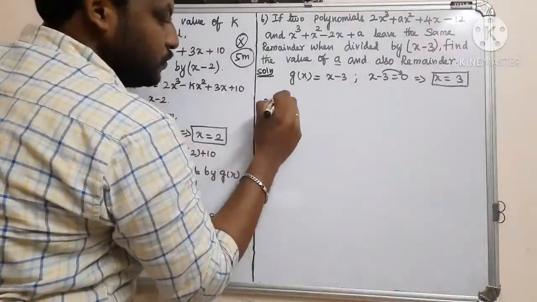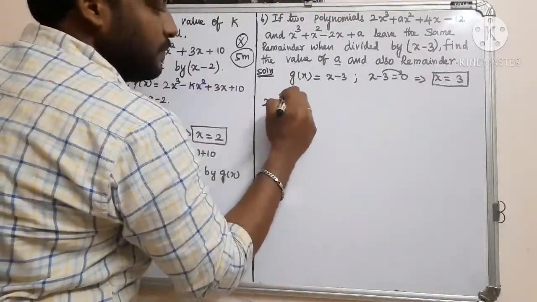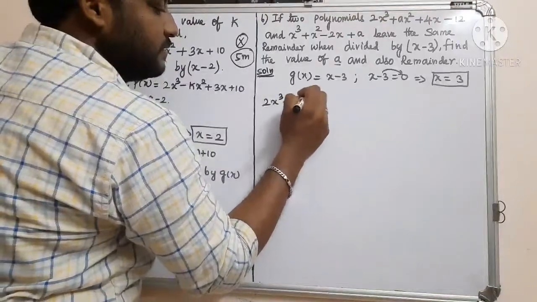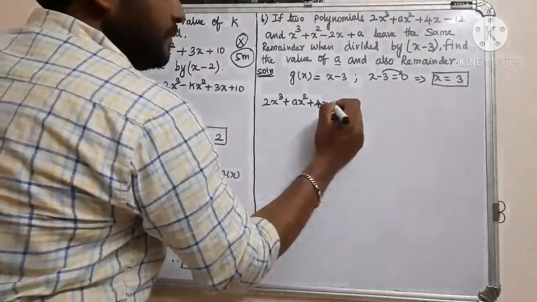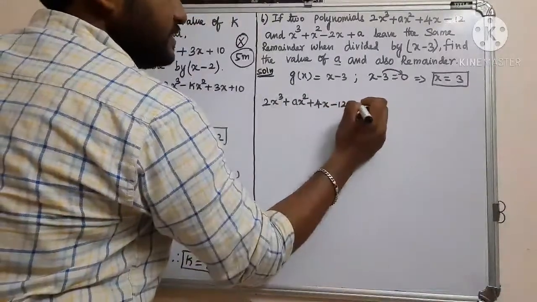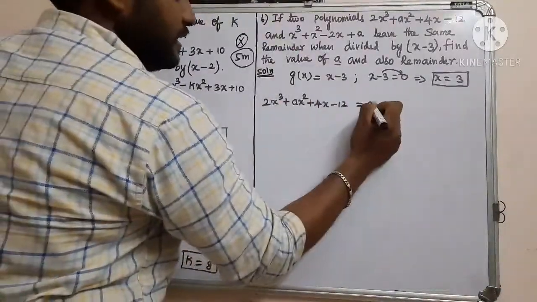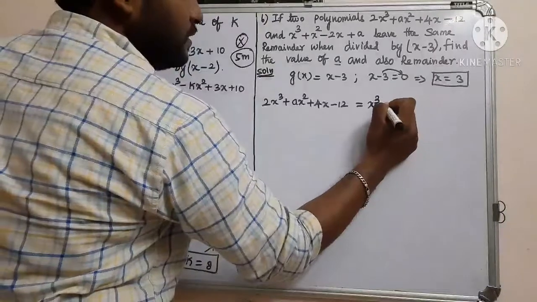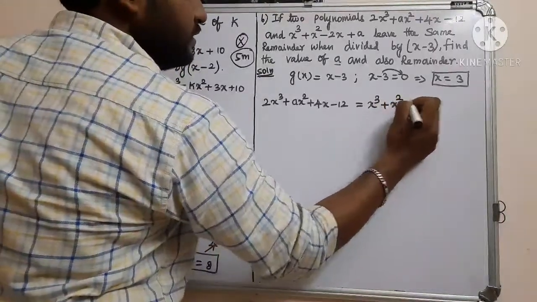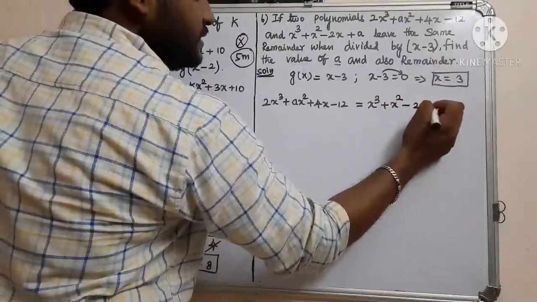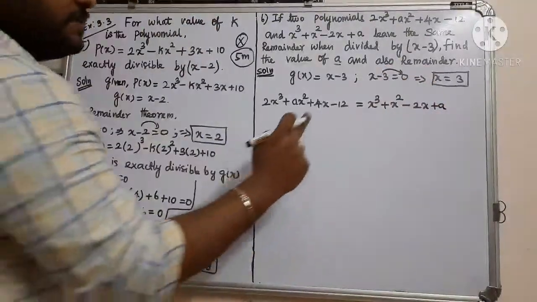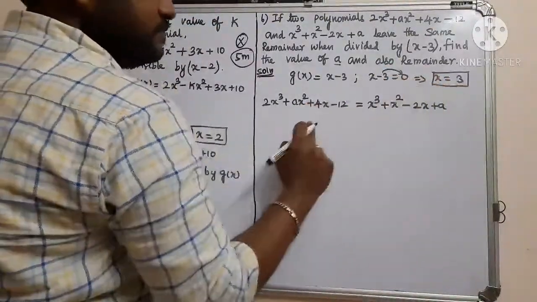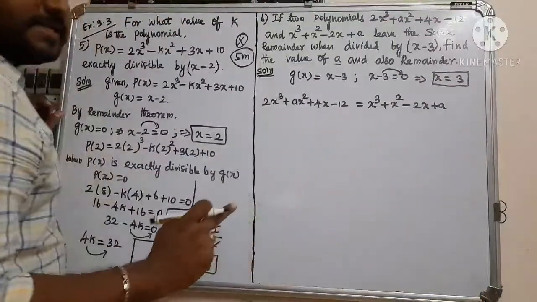That is 2x cube plus ax square plus 4x minus 12, which is equal to x cube plus x square minus 2x plus a. When you substitute the value x is equal to 3, both remainders are equal.